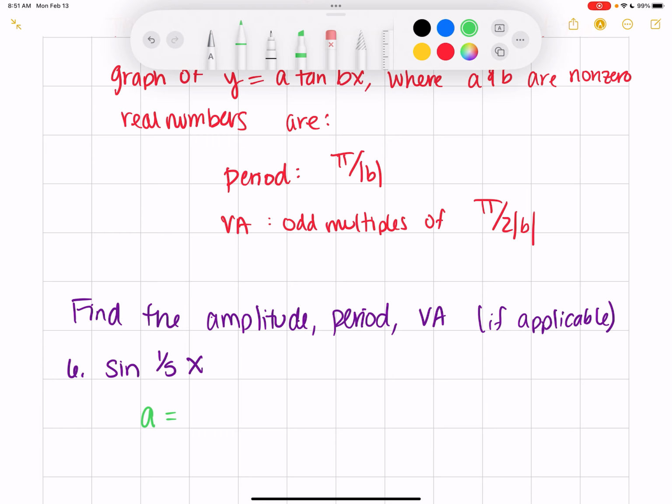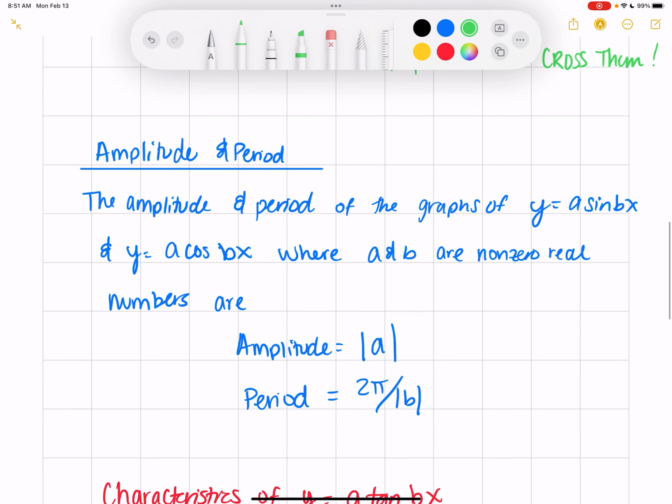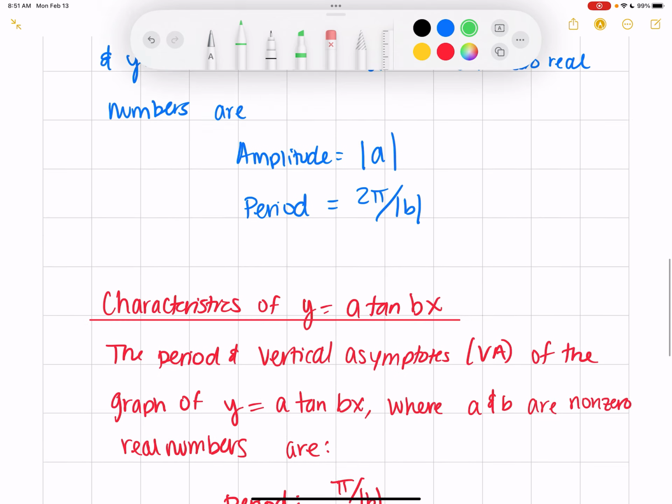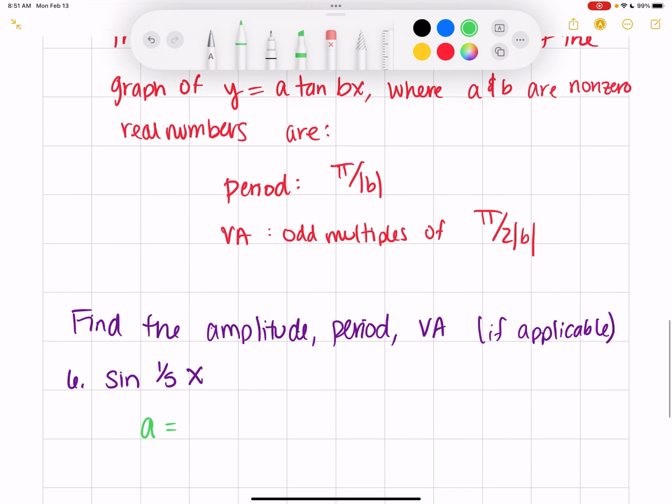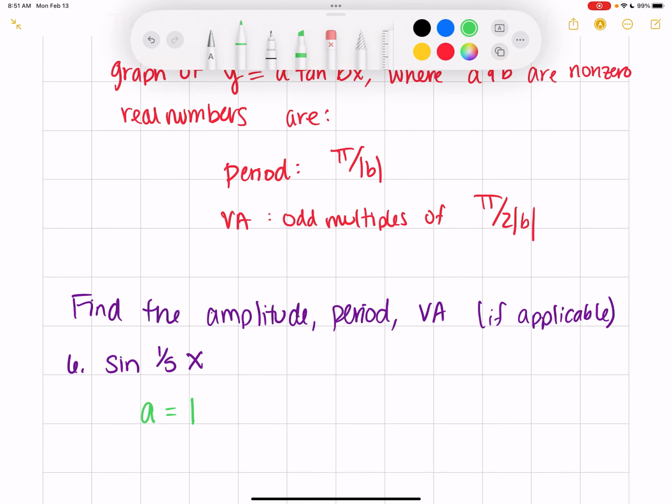Amplitude is the number that comes where? Before the sine, so it's a sine bx. So amplitude is a, which is what in this case? 1. If it's not written, it's a 1. If it was 0, there would be no function there at all.